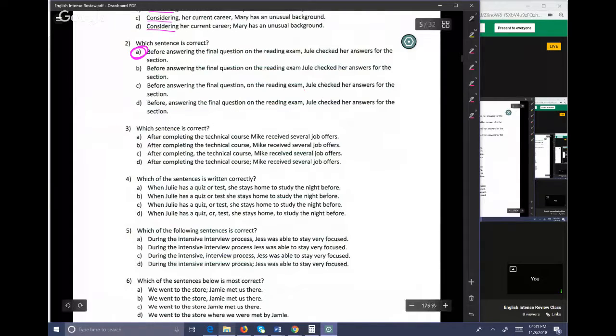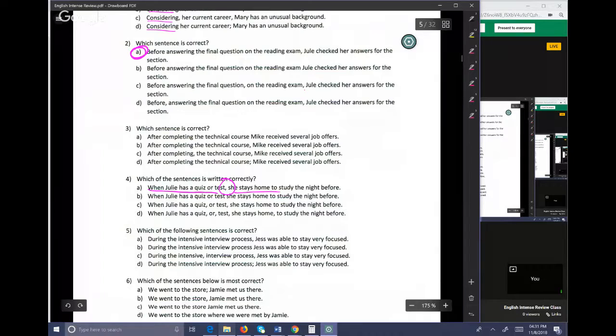So that something else is she stays home to study the night before. So when Julie has a quiz or test, she stays home to study the night before. Again, there's just one comma that we need here. The one that splits up the when she has this or that, she does this or that. That's going to go right there.